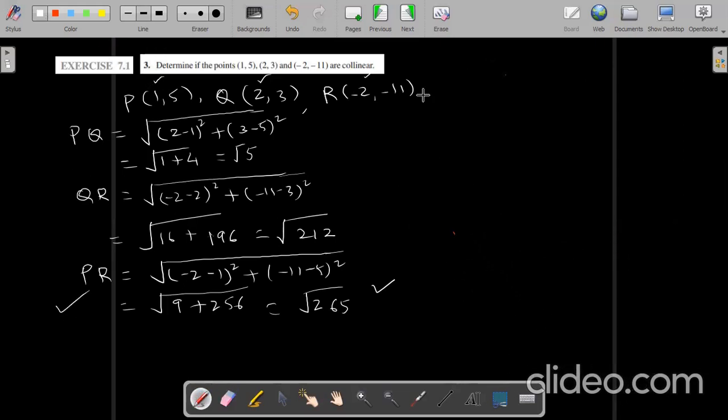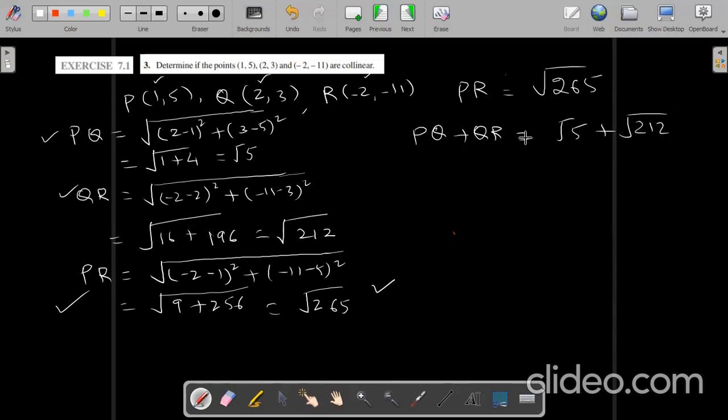This is the highest value PR. PR is equal to what? Under root 265, which is not a perfect square. And the sum of these two values, PQ plus QR, PQ is under root 5 and QR is under root 212, that also cannot be simplified, so it cannot be equal.